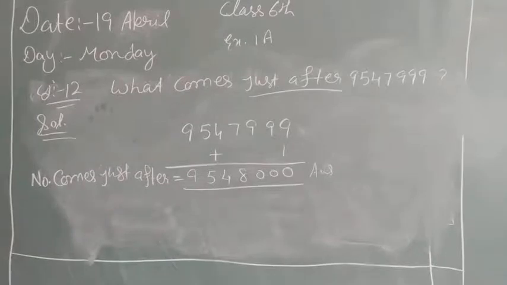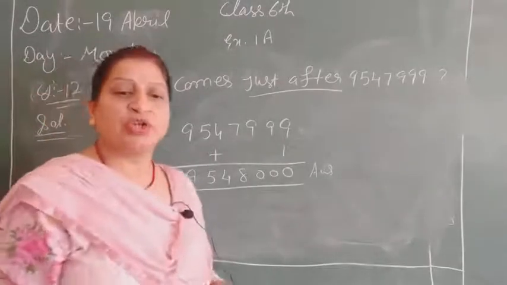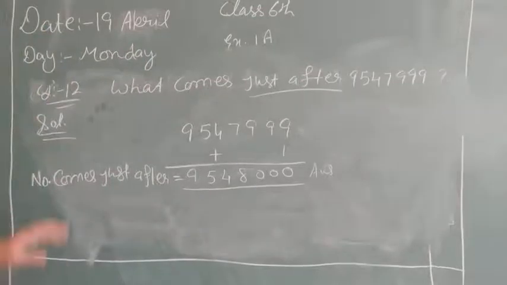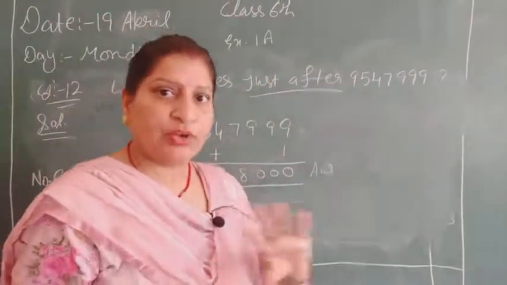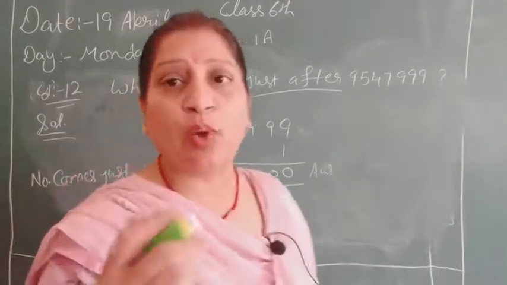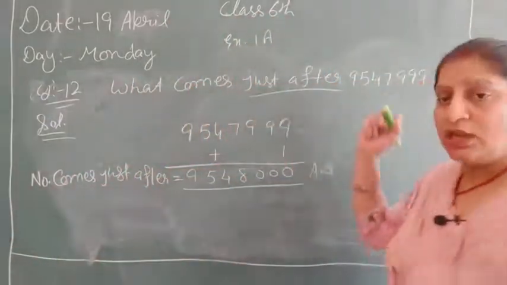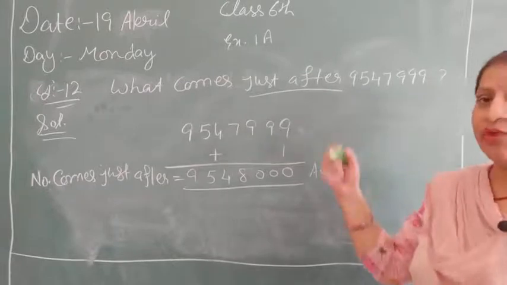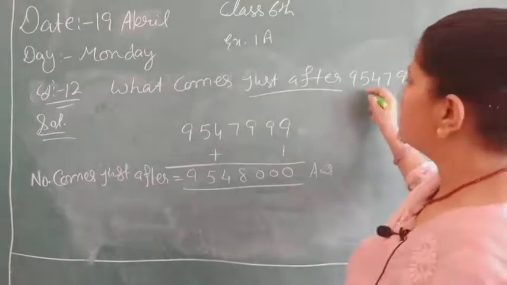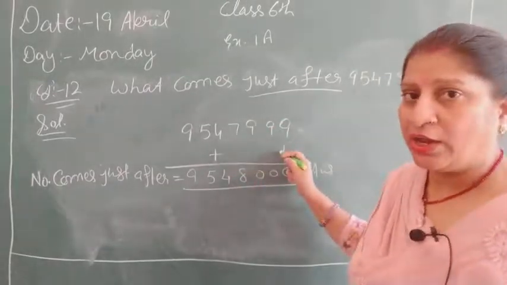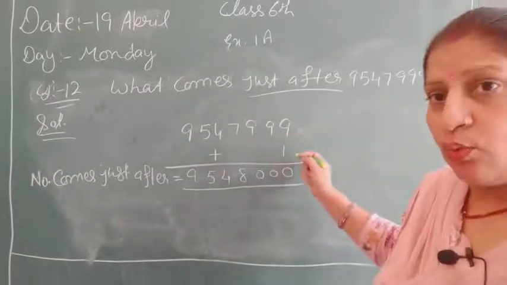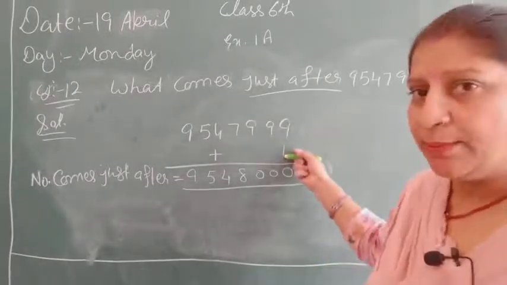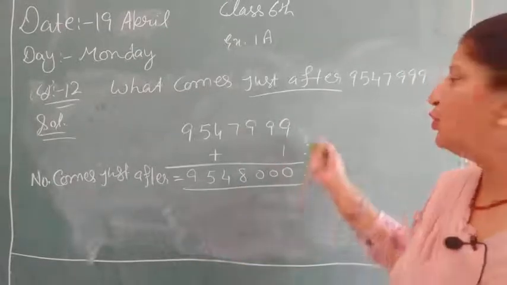Now in the next questions, number 13 and 14, the question is what comes just before the given number. Before means we have to take the opposite. In the previous question we had to add 1, and in this one you have to subtract 1 from the given number, and after doing this you get the answer.